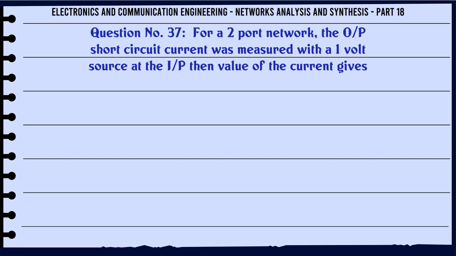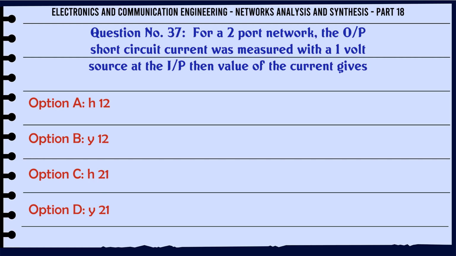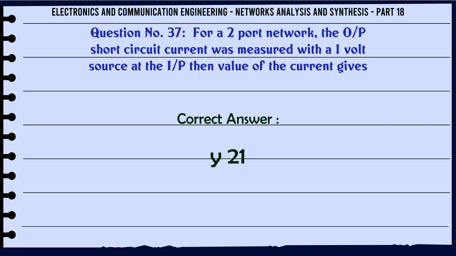For a two-port network, the output short circuit current was measured with a 1-volt source at the input port. Then the value of the current gives A, H12; B, Y12; C, H21; D, Y21. The correct answer is Y21.